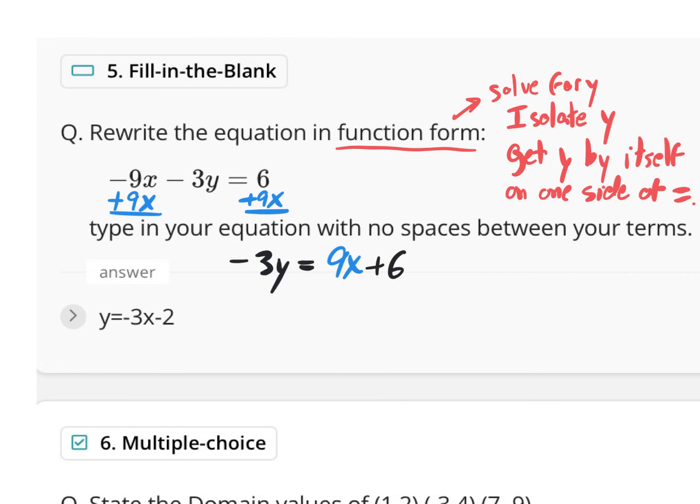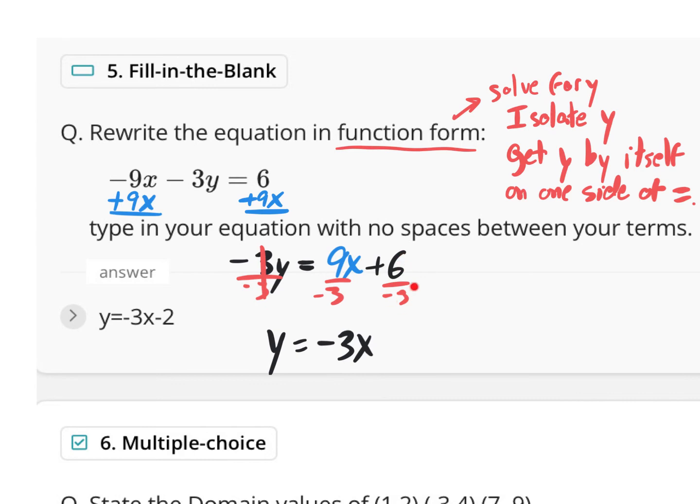So I'm almost done. I almost have y by itself. All I need to do now is get rid of this multiplication of -3 right in front of the y. So I'm going to divide everything by -3. That will cancel out. I will have y by itself. y equals, what is 9 divided by -3? That's a -3. And of course, there's an x right next to it.